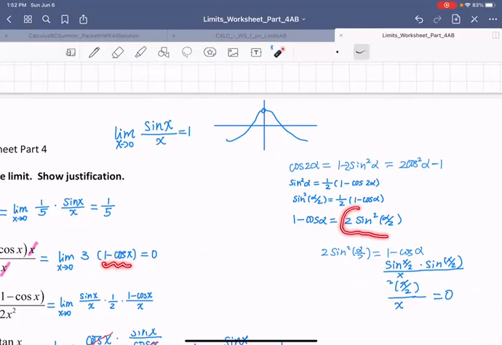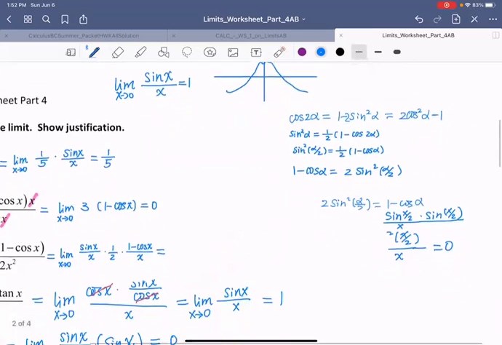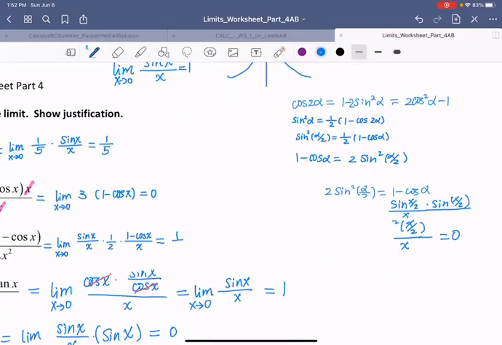We will use this guy, put over here. Now let's do it. We already know that this guy is 1, this guy is 1/2. So we can let them go by just writing down a 1/2.